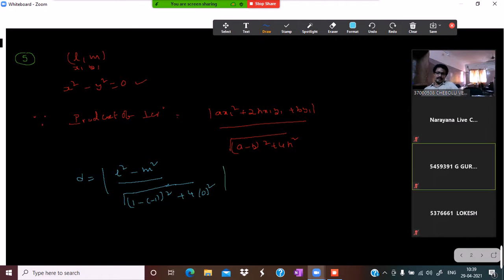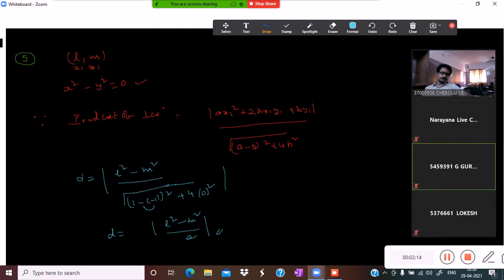So finally the distance d is equal to modulus of L square minus M square by root of (1 plus 1) whole square, 2 square is equal to 4, root 4 is equal to 2. This is the product of perpendiculars from the given point L comma M to the given pair of lines.